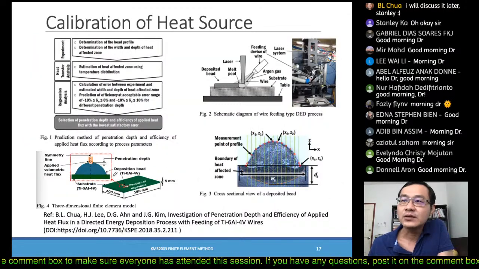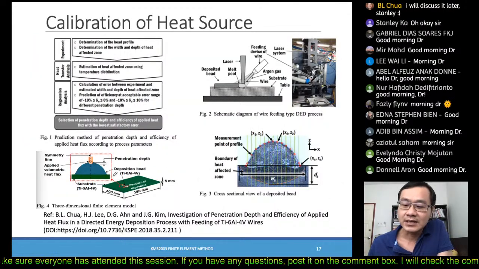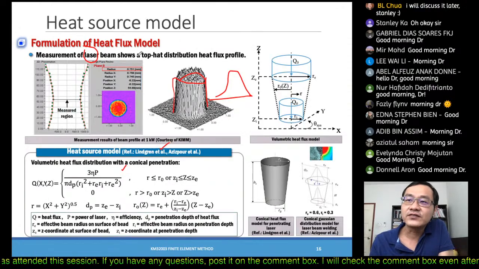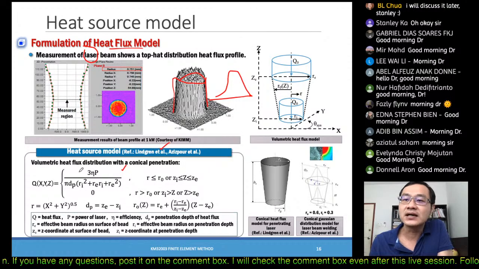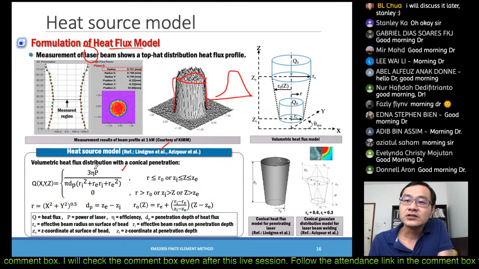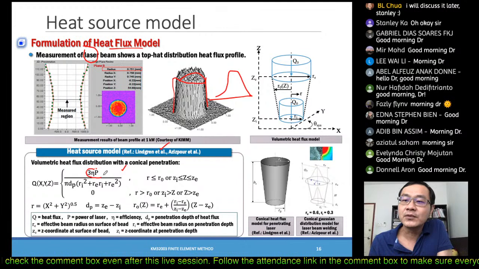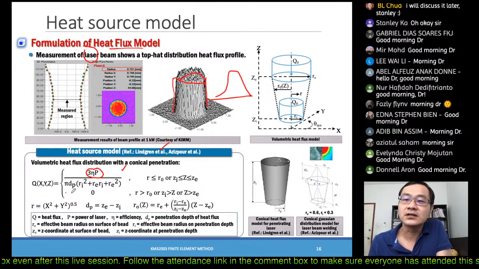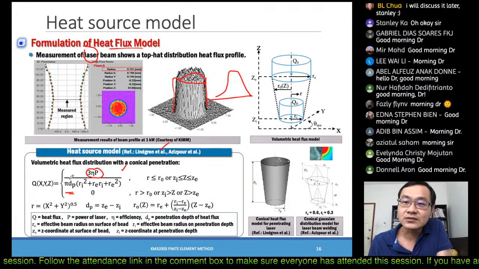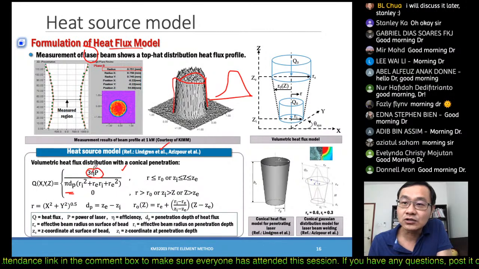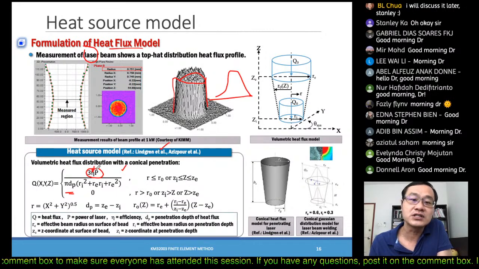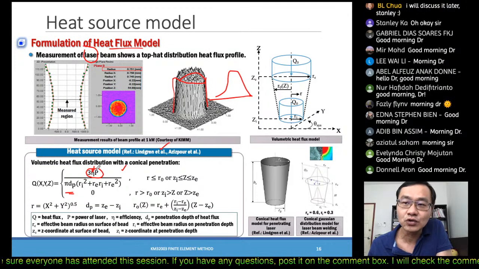When we derive this heat source, it is based on common mathematical formulations. These common formulations have a fixed constant, and there is a part that includes the efficiency, or a constant that you need to tune or calibrate.